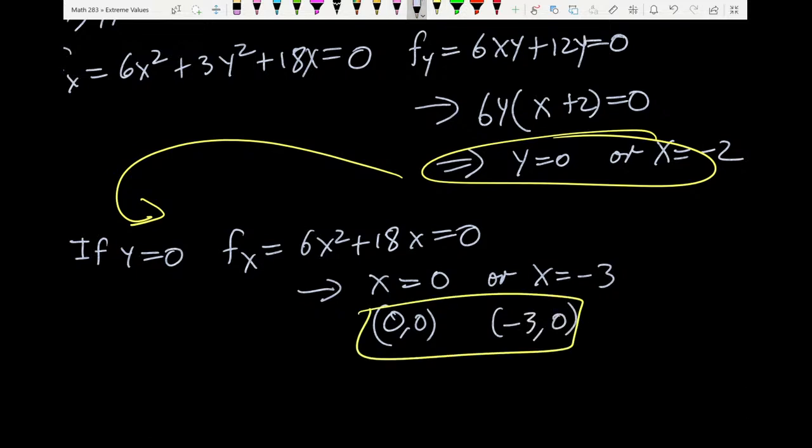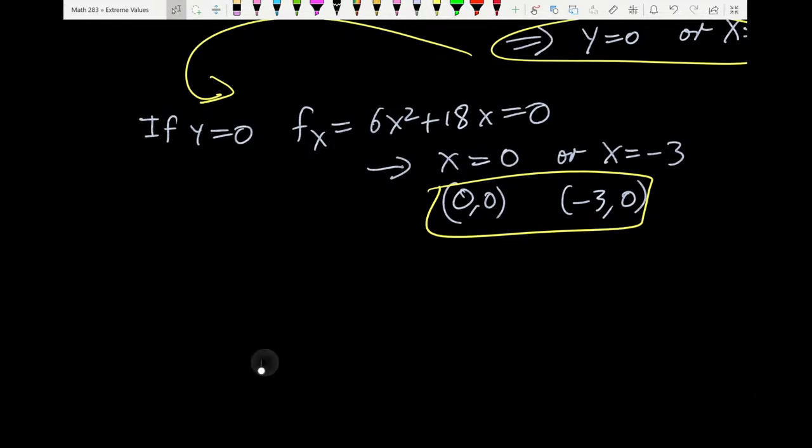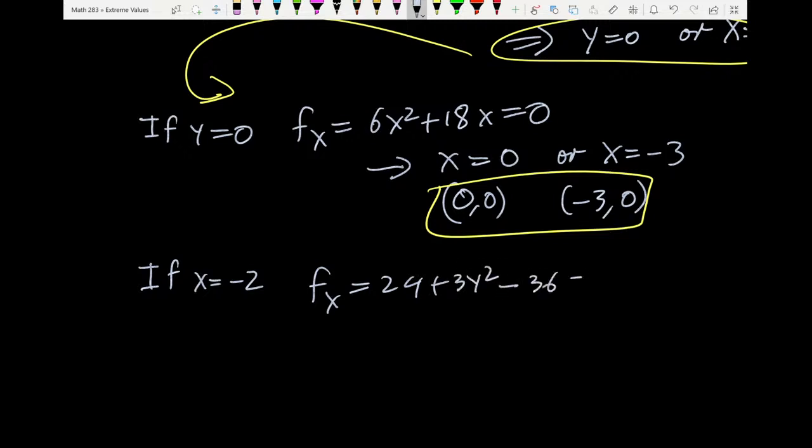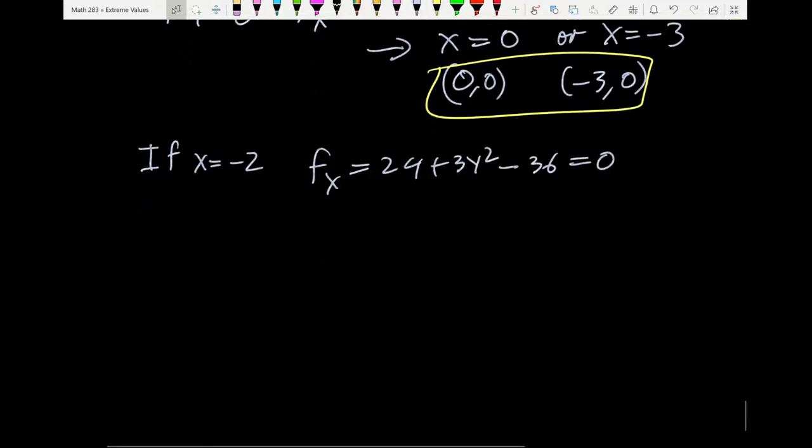Okay? Now, if x equal negative 2, f sub x equal what? 24 plus 3y squared minus 36 equals 0. And 3y squared is 12, y equals plus or minus 2.